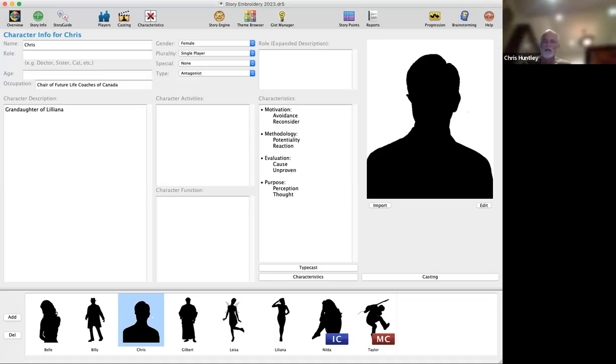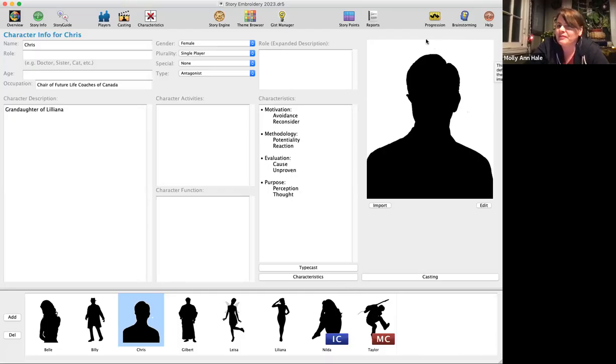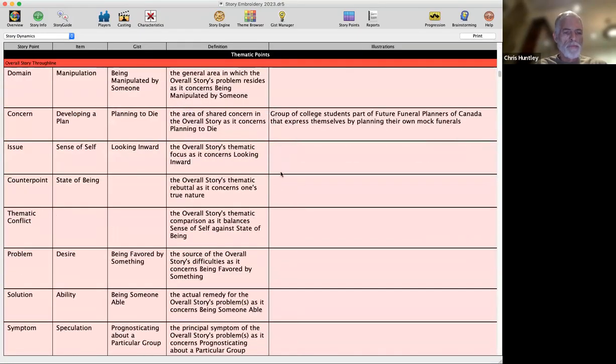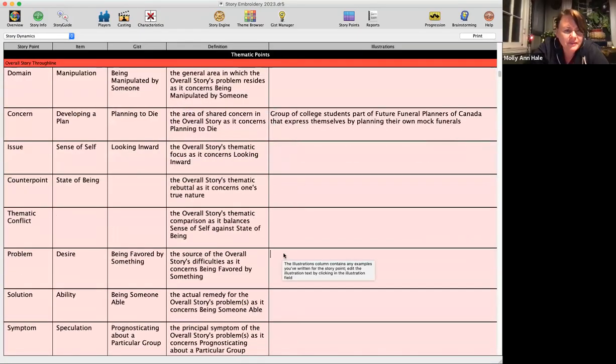So let's see. I think Molly-Ann, it's your turn. Well, I guess there's one character left, but maybe I'll leave that for somebody else. I was looking at overall story problem being favored by something. Okay. Being favored by something, is that the problem? Yes.